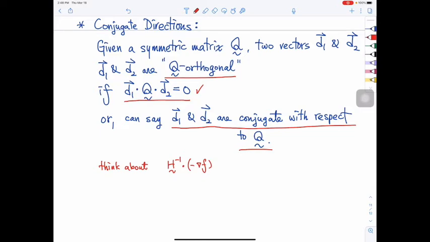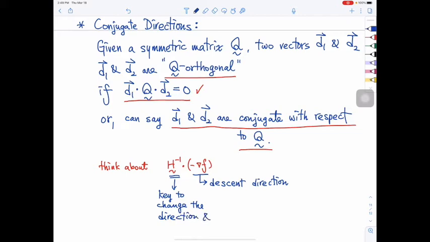And we know negative gradient direction is the descent direction, the direction that goes down. So from here you can see the inverse Hessian is trying to help to change the direction.